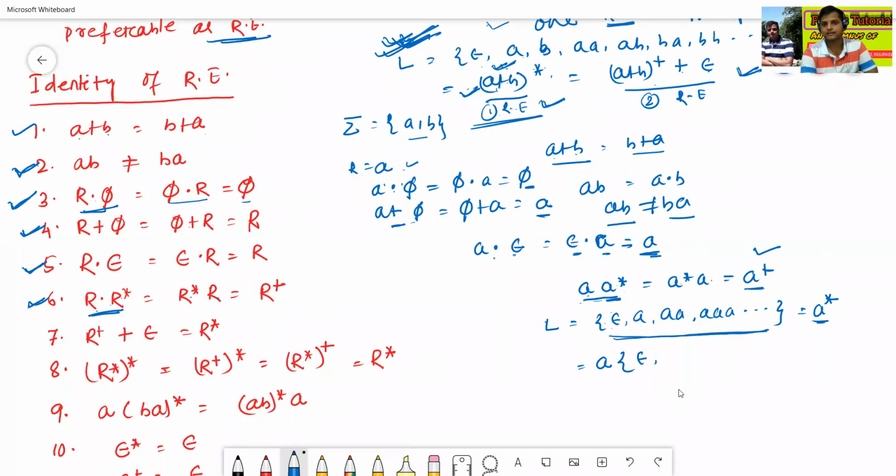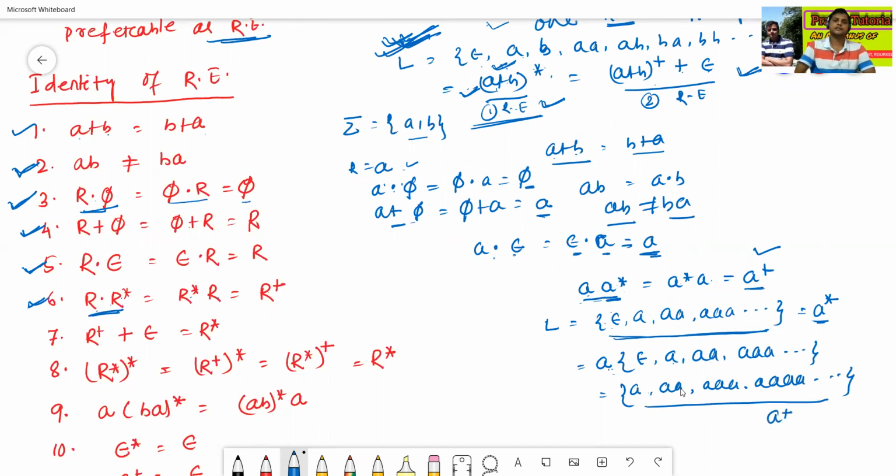A into epsilon is a, a into double a gives double a, and a with double a gives triple a. When we multiply a with triple a, it gives four a's. This is called a plus.